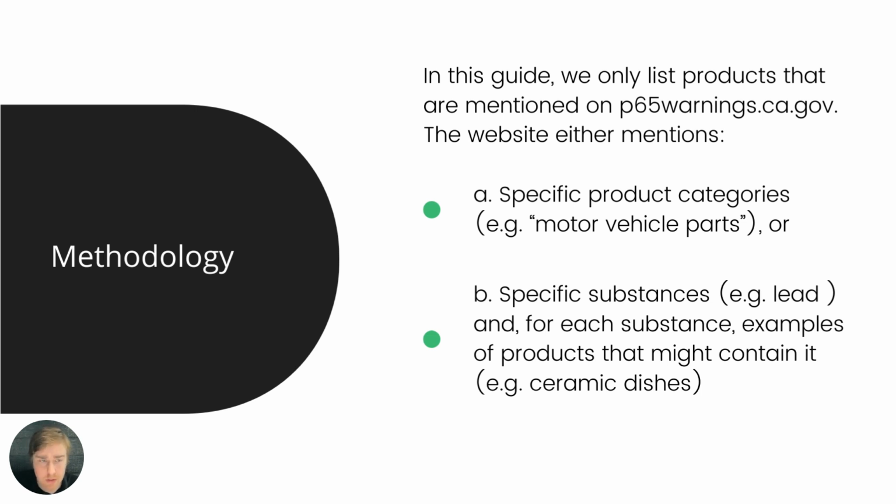And that's also why it's a bit complicated to determine if CA Prop 65 applies to a certain product category, because you may not know which substances your product contains in the first place, unless you are a chemical engineer or you have a lot of experience in a certain industry.